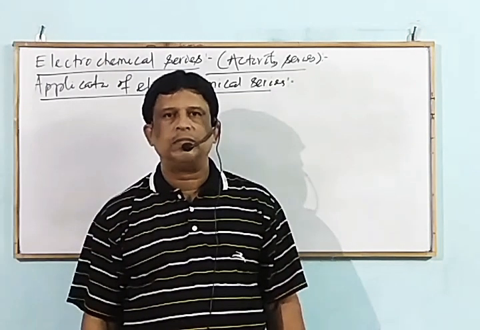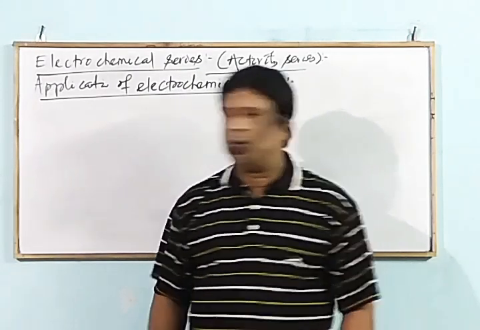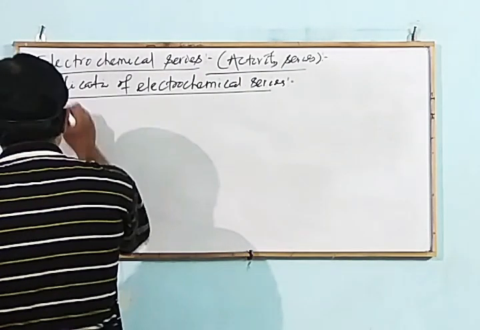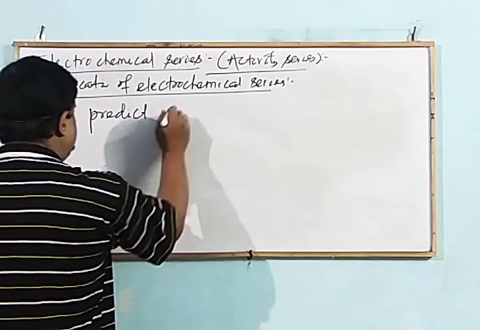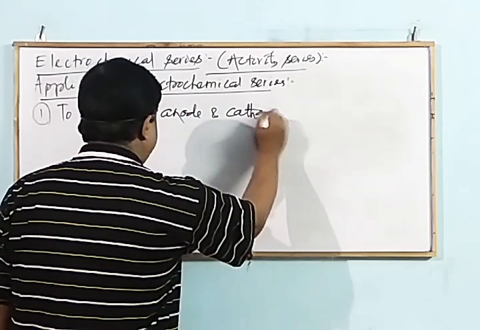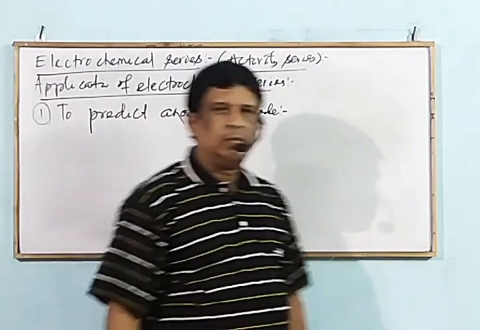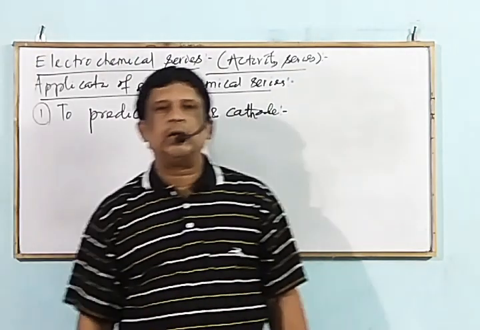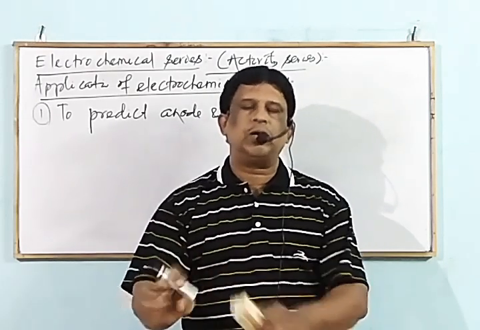First one is to predict anode and cathode. Mark that. Two metals are given in the question with their oxidation potential or reduction potential.